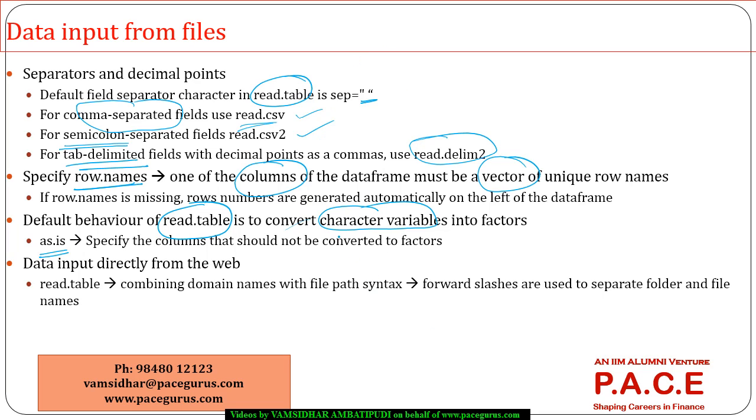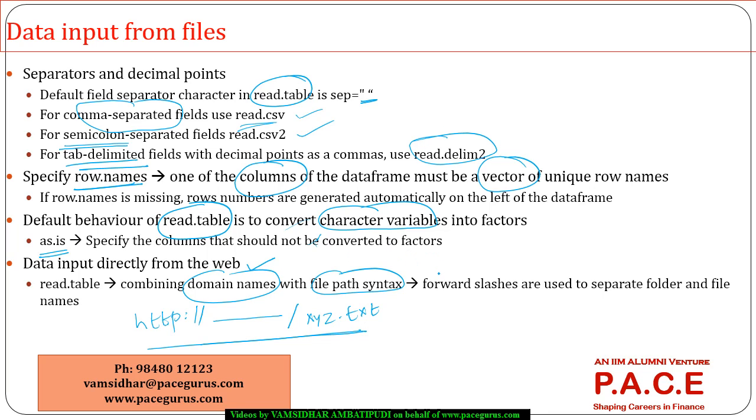And in some cases, if you want to get the data directly from the web into R, still you can use the read.table. You just need to give the path http slash double slash, right, the name of the website slash, finally it should go to some xyz.txt. The whole path of it you give in this way. So you are combining the domain name along with the file path.